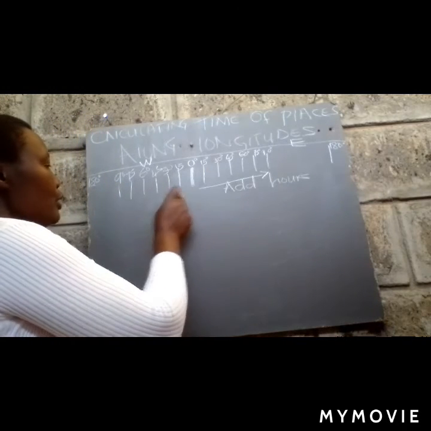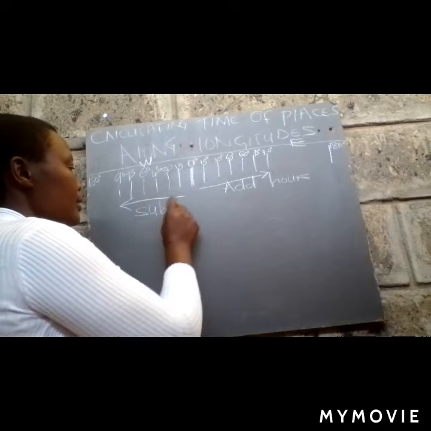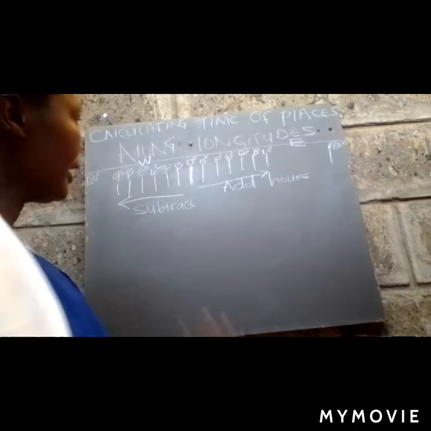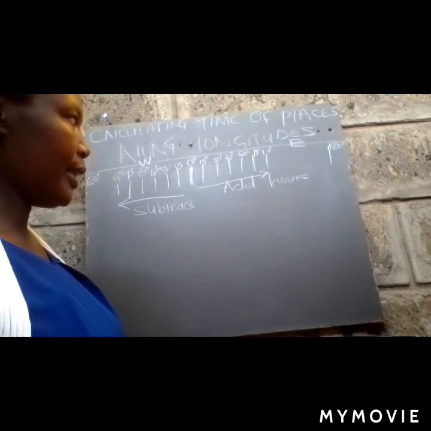And when we are going west, we subtract. So this is going east of the prime meridian, and this is going west of the prime meridian.